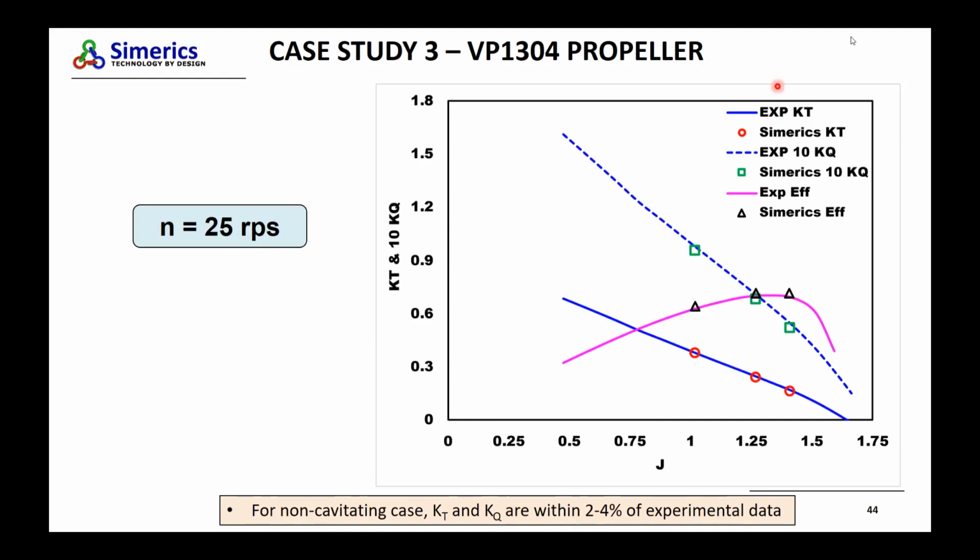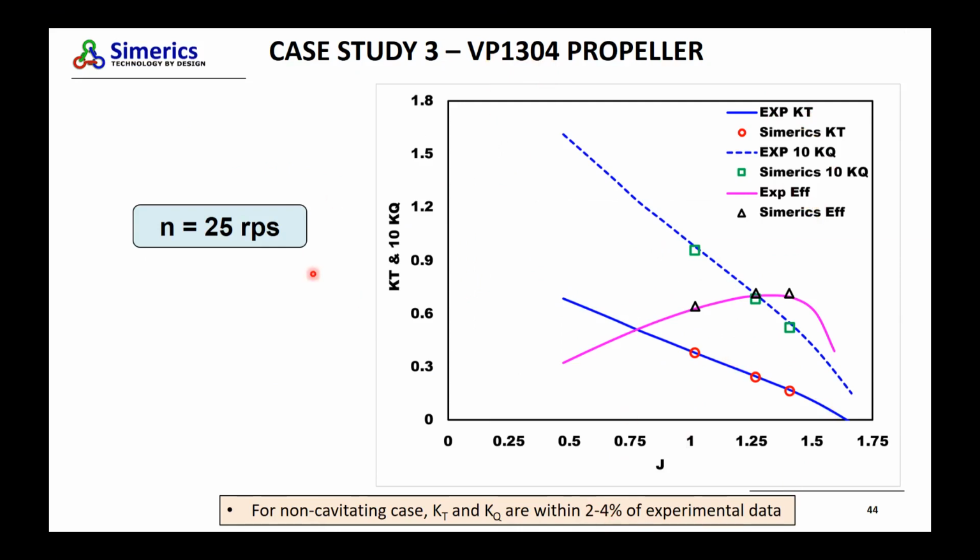One more propeller that we ran recently is this VP1304 propeller. Again, I have these characteristic curves showing quite good agreement for KT, KQ, and also the efficiencies. So again we see that the numbers are within 2 to 4% of the experimental data.